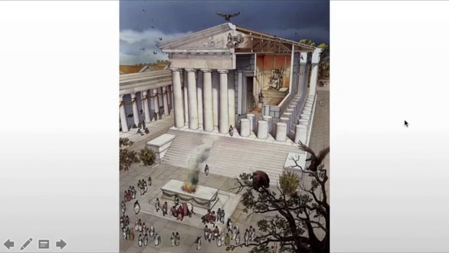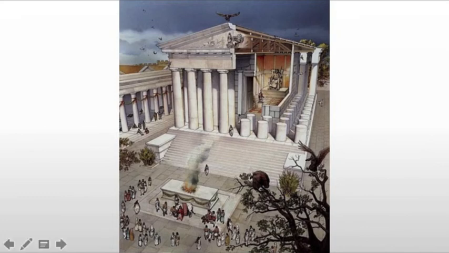And when they actually use it, you would not enter the temple itself. Only the priests would enter the temple. Instead, there's an altar on the outside, usually on the east side of the temple, where animals would be sacrificed and where you could talk to the god. And then the priests would do the actual entering.